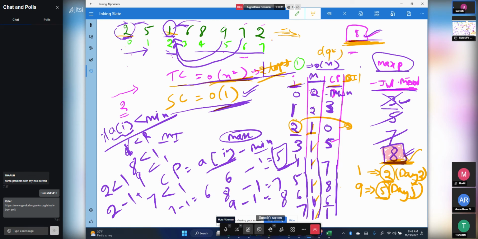Until now your minimum is 2. But as soon as you find a new minimum, we update it. From now onwards, you have to buy at this price, which means at this index. So we update the buy index as we go.